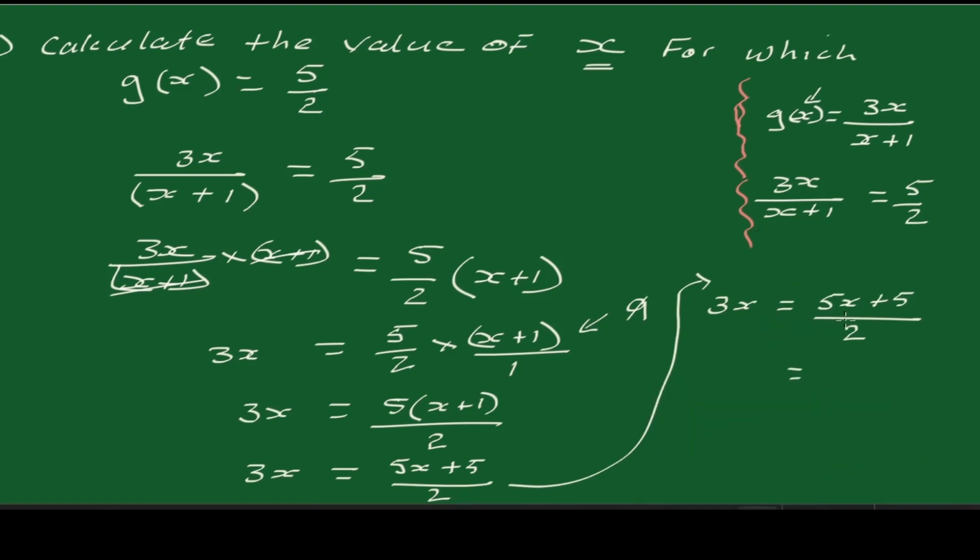So now we have 3x equal 5x plus 5 all over 2. So I need to solve for x. So I'm going to multiply out 2 on both sides.